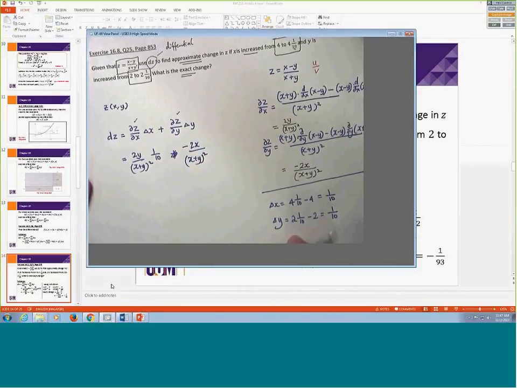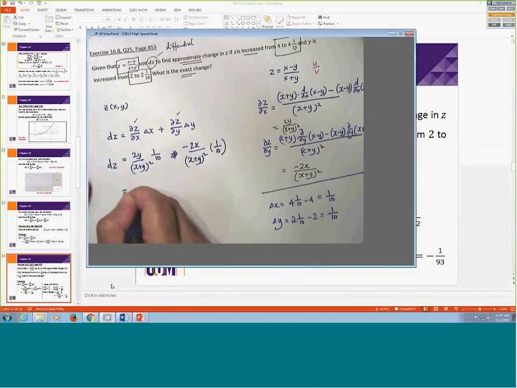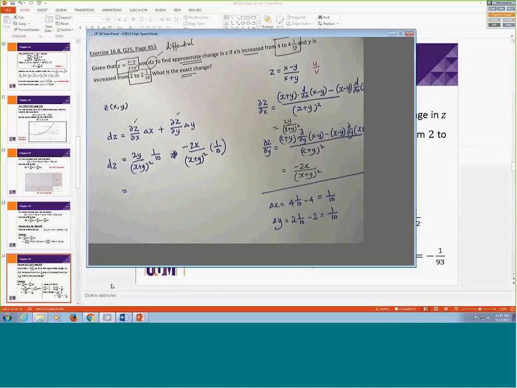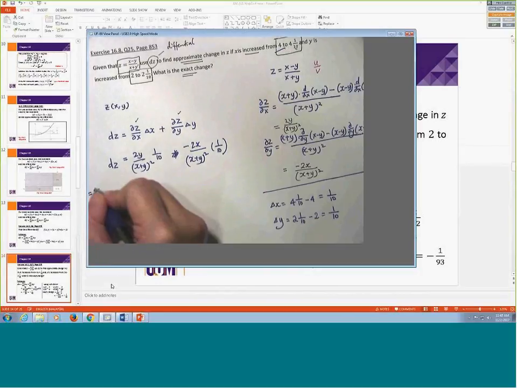Now dz here, the change, the x and y is the original value of x and y. So here you need to substitute x equals 4 and y equals 2, the original one.